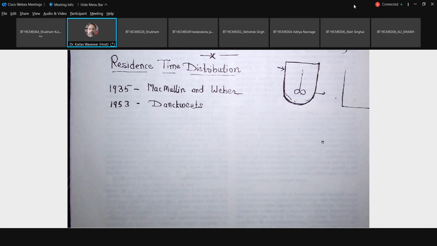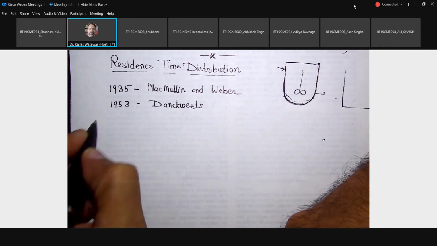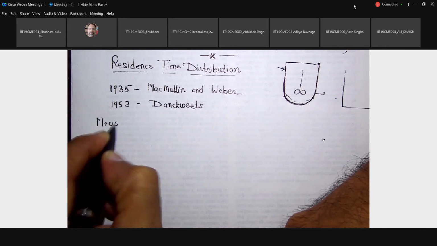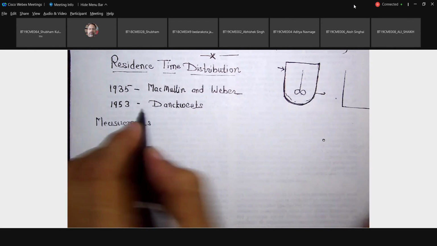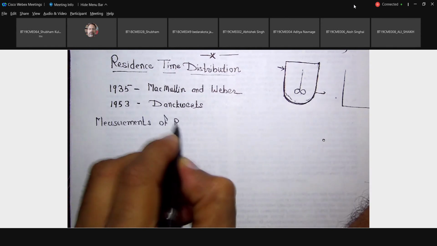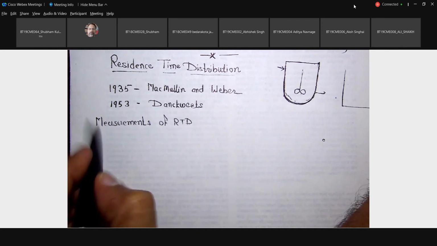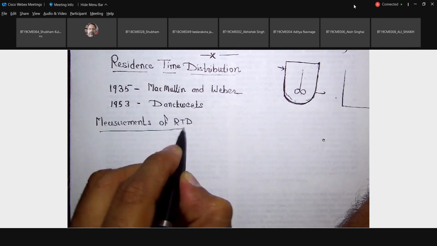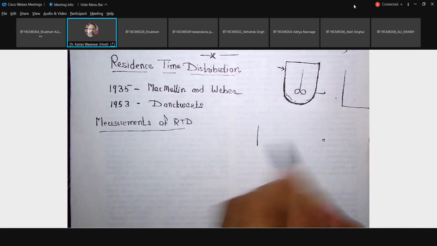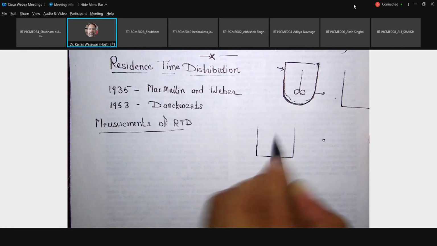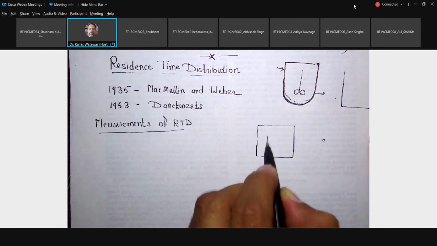There are certain methods to find out the residence time distribution. Generally, suppose this is the reactor, any reactor or equipment.